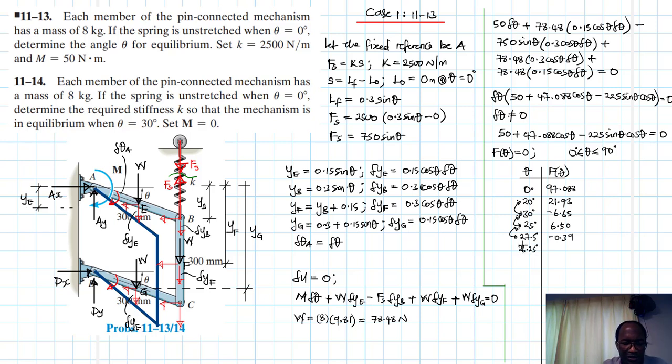We plug it in. 50 plus 47.088 cos 26.25 minus 225 sine 26.25 cos 26.25.